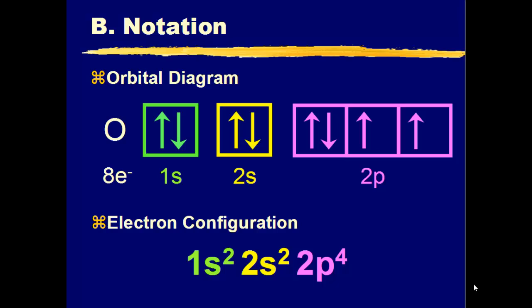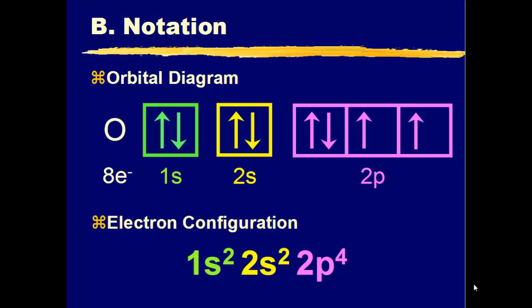If you look at the order of filling from the hog Hilton notes, remember that the 1s sublevel is the first thing that gets filled up in a configuration. 1 is the lowest energy level, and s is the type of sublevel that's there. I can put 2 electrons in the 1s orbital for oxygen. No more will fit there.